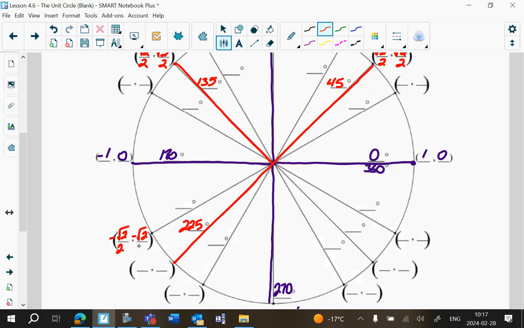Hang on. Here's our one in quadrant 4. What's that?